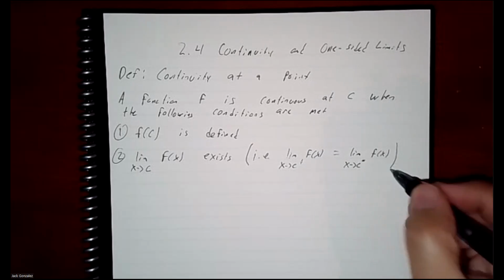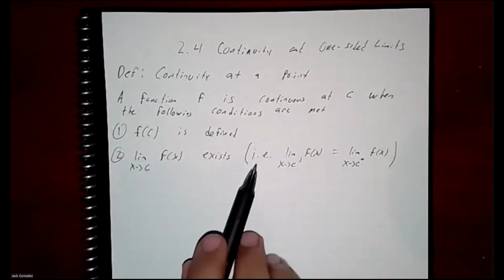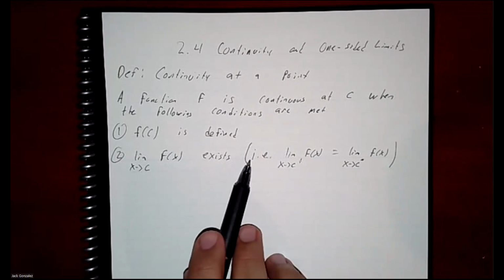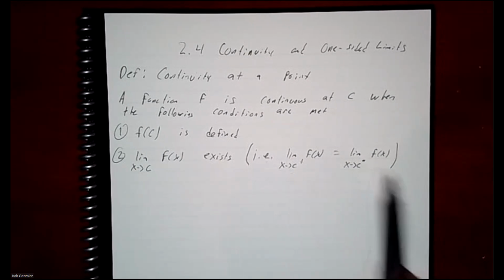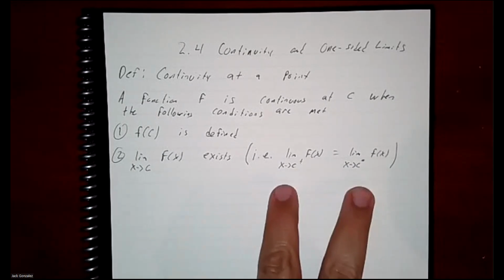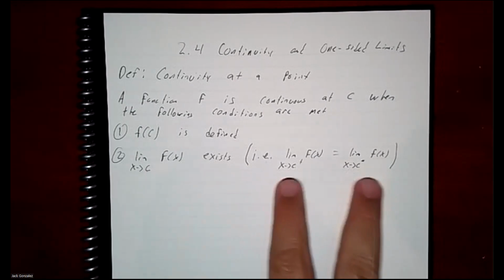This is the Latin abbreviation, i.e., id est, meaning that is to say this. This means this. If the limit exists, this must be true.